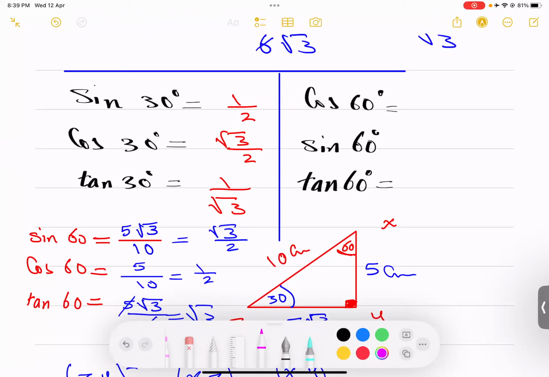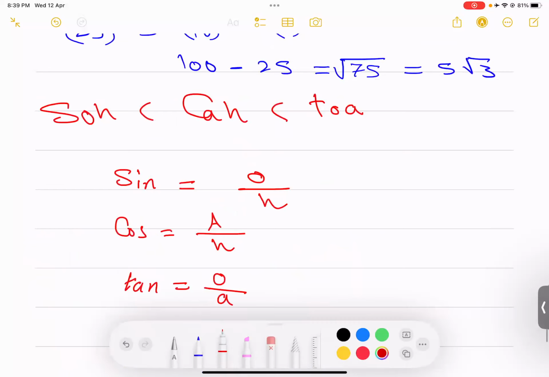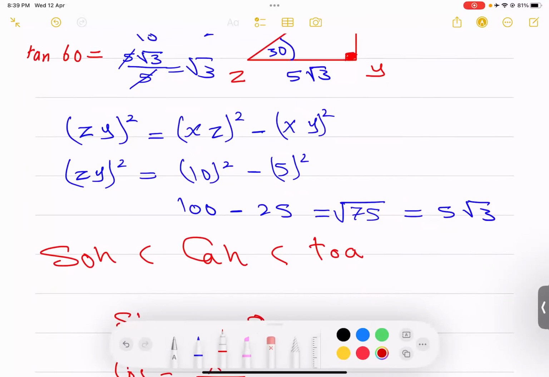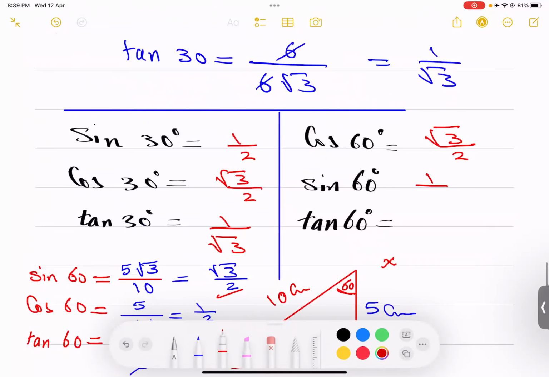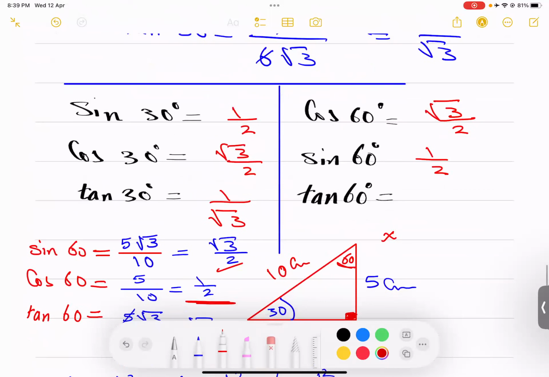I think you have noticed that sine of 60 is root 3 over 2, right? What about the cosine of 60? It's going to be half. Okay. What about the tan of it? It's going to be root 3. Okay. Did you get it? Yes.